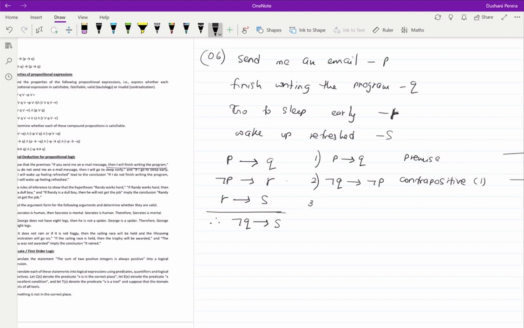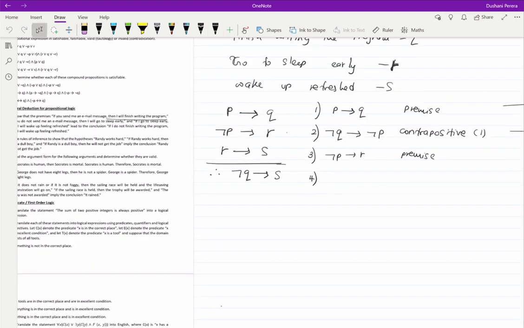Then number 3, I'll again take my second premise. That's a premise. And now what I see is here you see its negation Q implies negation P, and here we have negation P implies R. So these two together should ring a bell in your head with regards to the rules of inference.